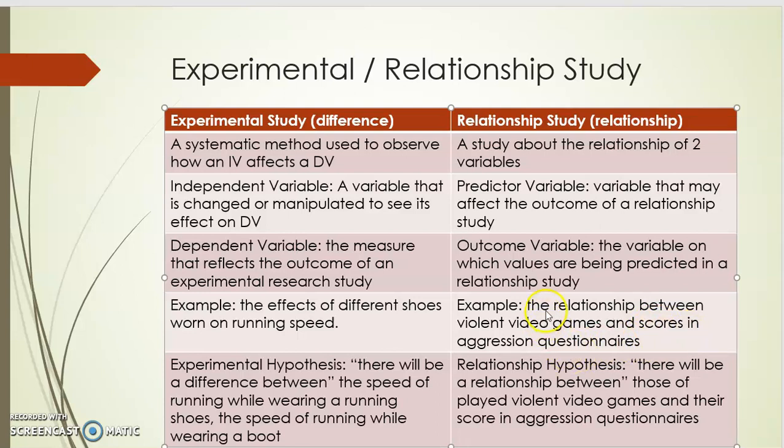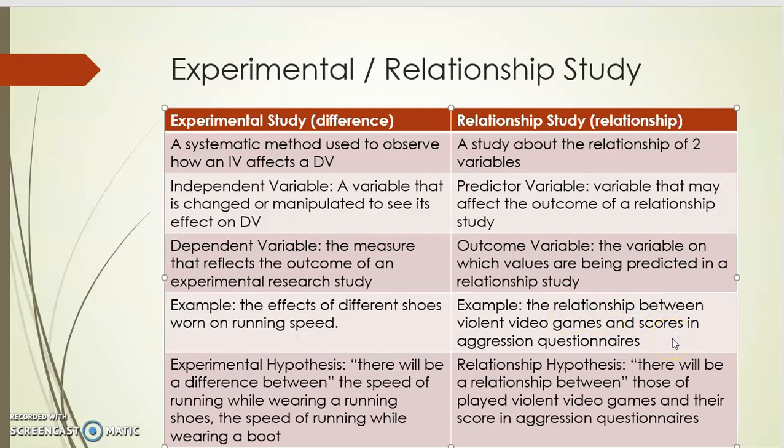So we're not looking at the effects of something on another thing, or to be exact, we're not looking at the effects of the independent variable on the dependent variable. We're looking at the relationship between a variable and another variable.